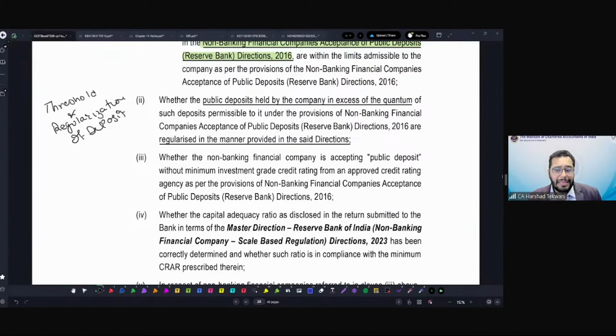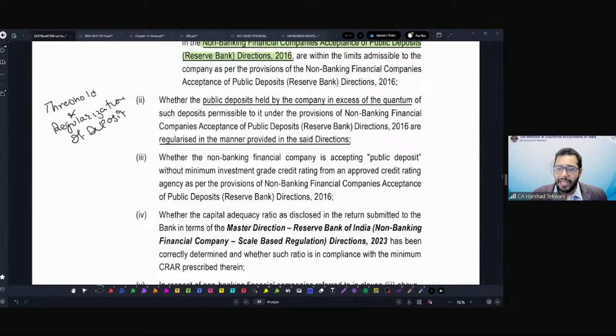Kirti, actually the difference between NBFC-ND, NDSI or SI-ND, or NBFC-D was the earlier classification. If you refer to my last session, I discussed that in detail: how they were earlier classified, like non-deposit taking, deposit taking, or non-deposit taking but systemically important.